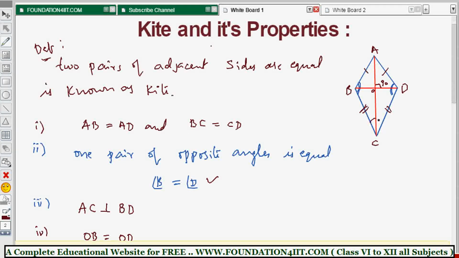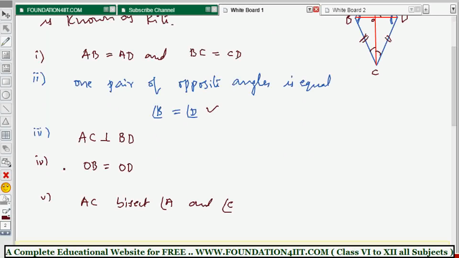It need not always be only angle B equal to D. Sometimes A equals C also, but only one pair. Similarly, for the fourth property, only one of the diagonals bisects the other.